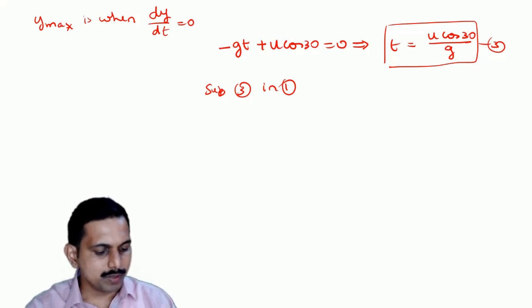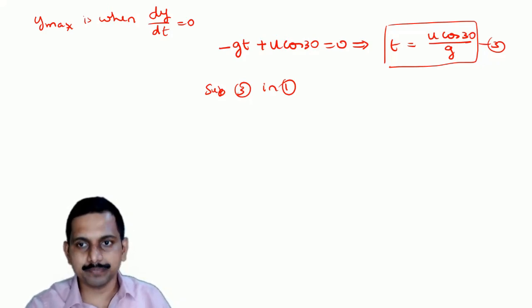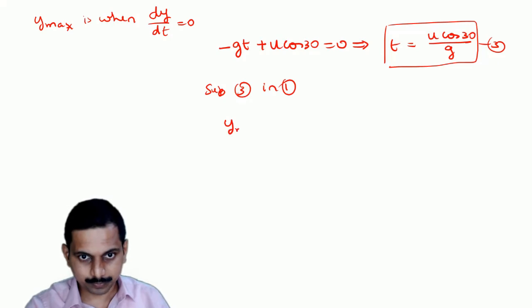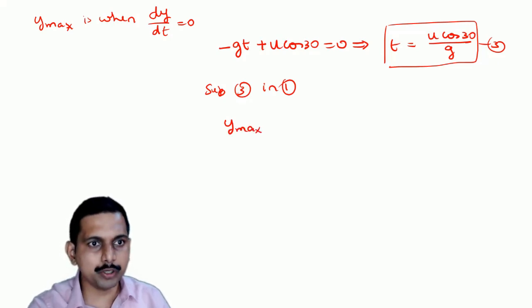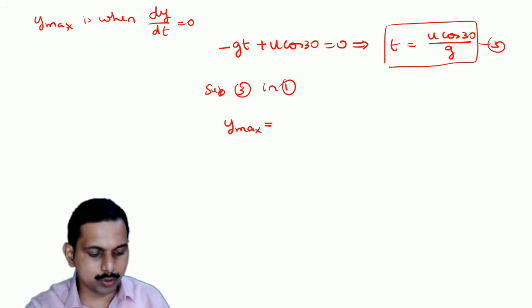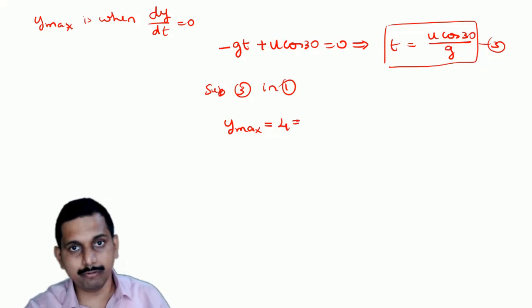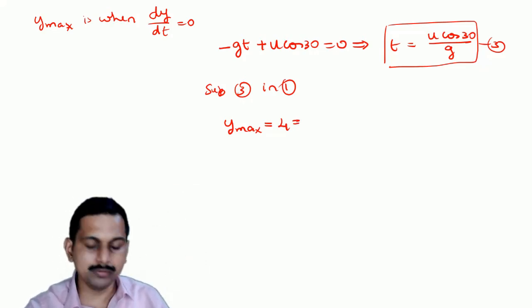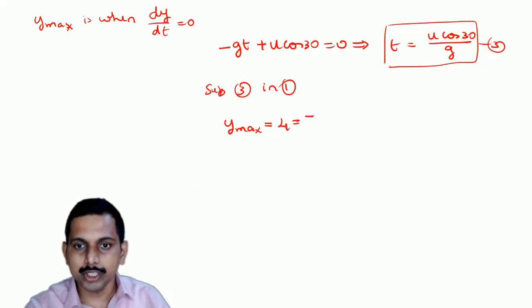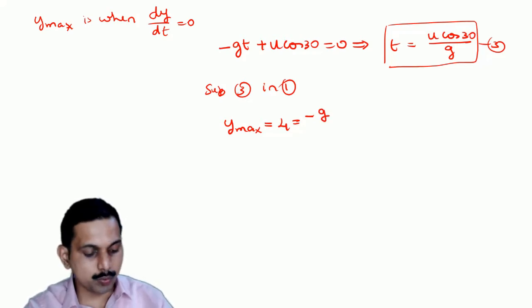When you substitute that, wherever y is there, you put y max, which is equal to 4 meters, it reaches at the top. So minus g t square by 2 is there.